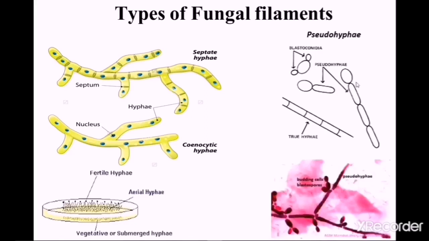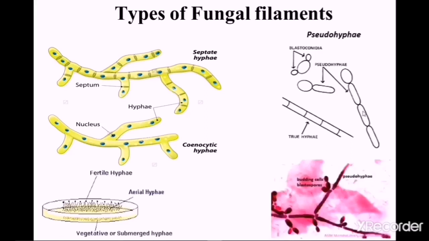Then pseudohyphae. These are chains of elongated cells, for example in yeast, formed by budding. The septa are curved, as you can see, and there is constriction at the septum and at the origin of branches. Cell walls are constricted at the septum.